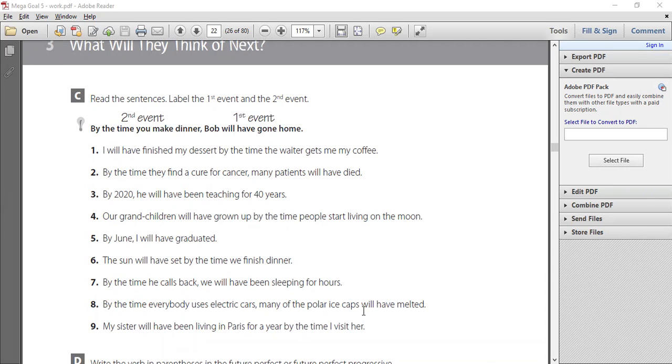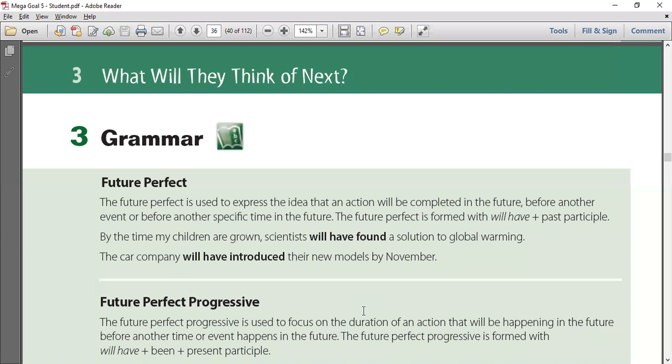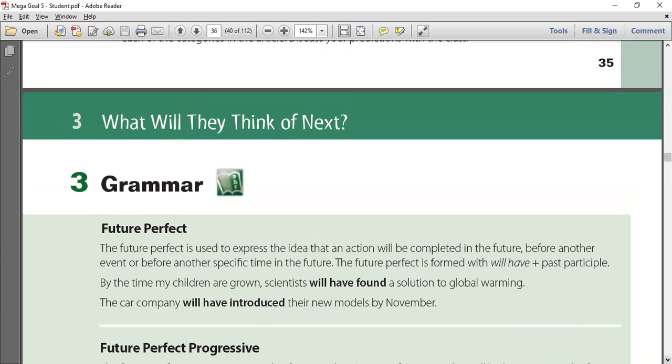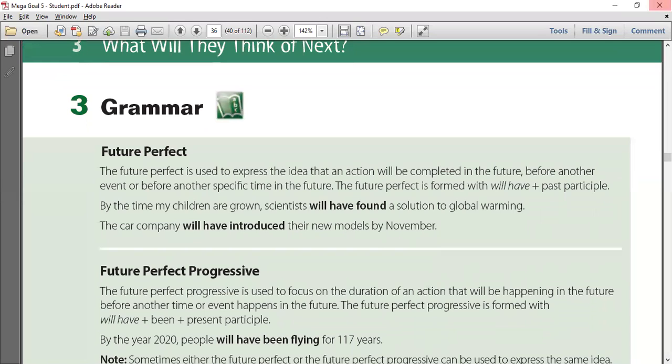Now, what was this grammar about? Just if you have your student book on page 36, remember the future perfect? The future perfect is used to express the idea of an action that is completed by a specific time in the future, before another event or before a specific time. Sometimes it could be an event like the example we have just read, and sometimes it could be a specific time.